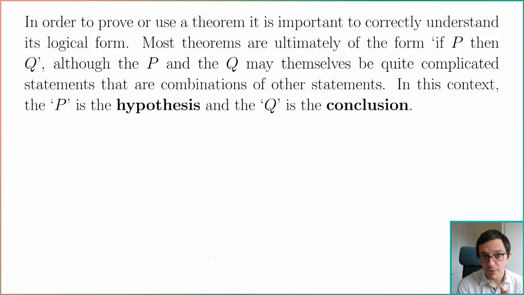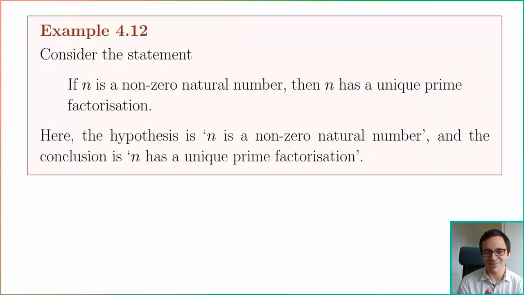P is called the hypothesis and Q is called the conclusion, and it's a good idea when you see a new statement to try to separate out which parts are the hypothesis and which parts are the conclusion. The hypothesis can be quite short, it can be quite long, and the conclusion can be quite interesting, or it can be not interesting. Let's have a look at some examples.